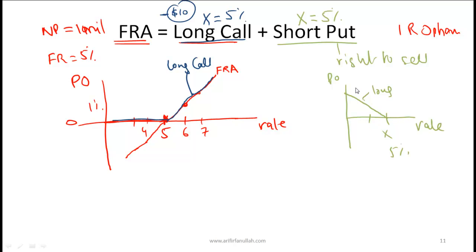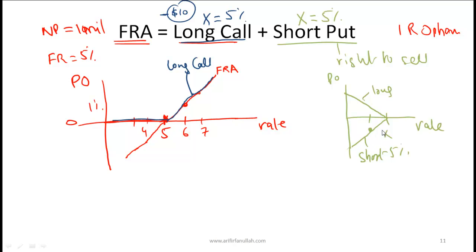Now that's your position, which is long. But what about the short guy? So the short will actually be the mirror image of the long. So this is the short put. Why? Because if the interest rate is say 4%, then the short party is obliged to borrow money from you at 5%, even though the market rate is 4%. So clearly there is a loss to him, which is shown by this.